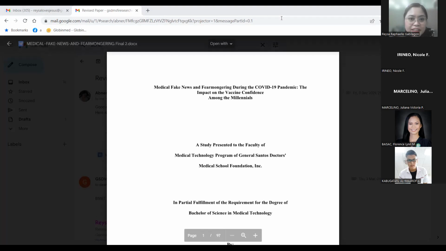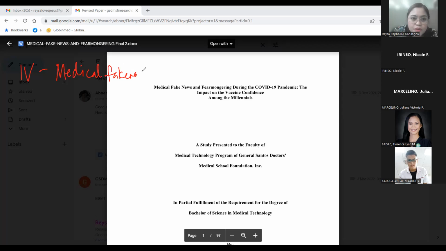So looking at the title class, ang gusto nilang malaman, they actually checked what are the medical fake news and yung mga fear-mongering circulating in the social medias, in the different social media platforms. And then they checked with their respondents whether there is an impact or like effect on the vaccine confidence ng mga respondents.